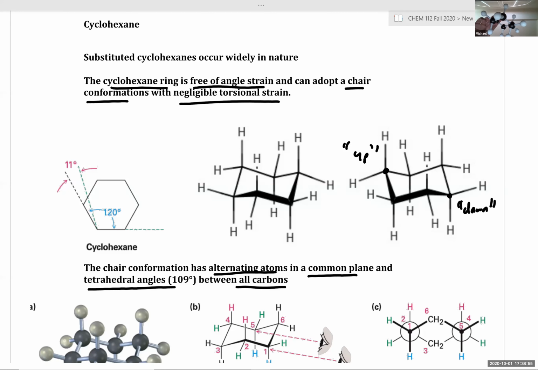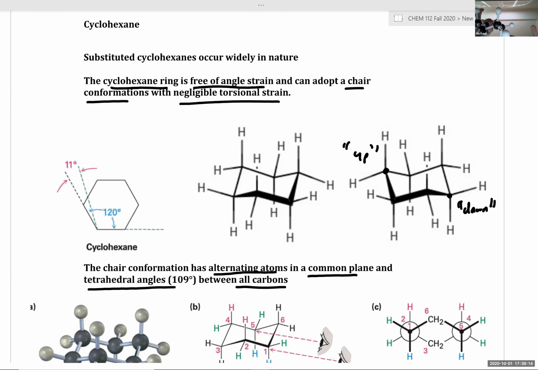They're staggered, exactly right. The way to know that you've generated a reasonable chair conformation is that as you look down each of your carbon-carbon bonds, all of your substituents on every carbon will be staggered.